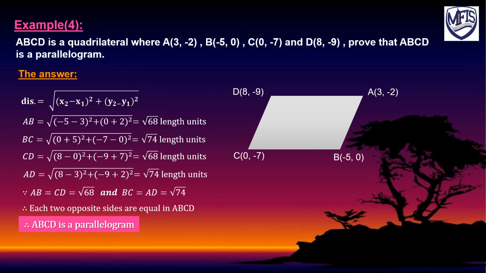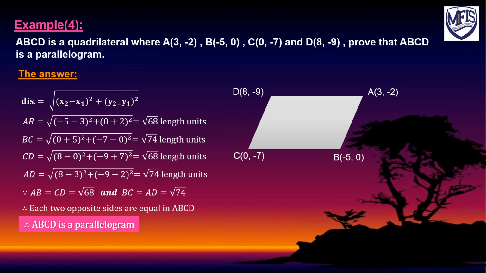AB equals CD and BC equals AD. Now, since AB equals CD equals square root of 68 and BC equals AD equals square root of 74, that means each two opposite sides are equal in length, then ABCD is a parallelogram.